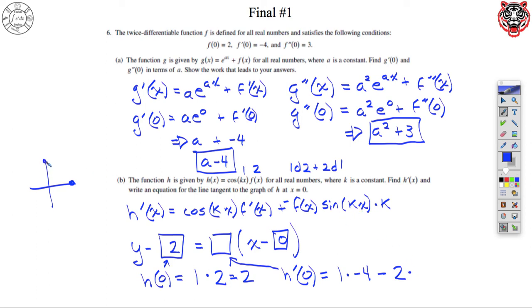Sine of 0 is the y-coordinate, 0 times k. So all of that goes away to 0. So it's just 1 times negative 4, which is equal to negative 4. So the slope is negative 4. And that is the answer. You can simplify it if you want, but you don't have to. You can simplify it to y equals negative 4x plus 2.